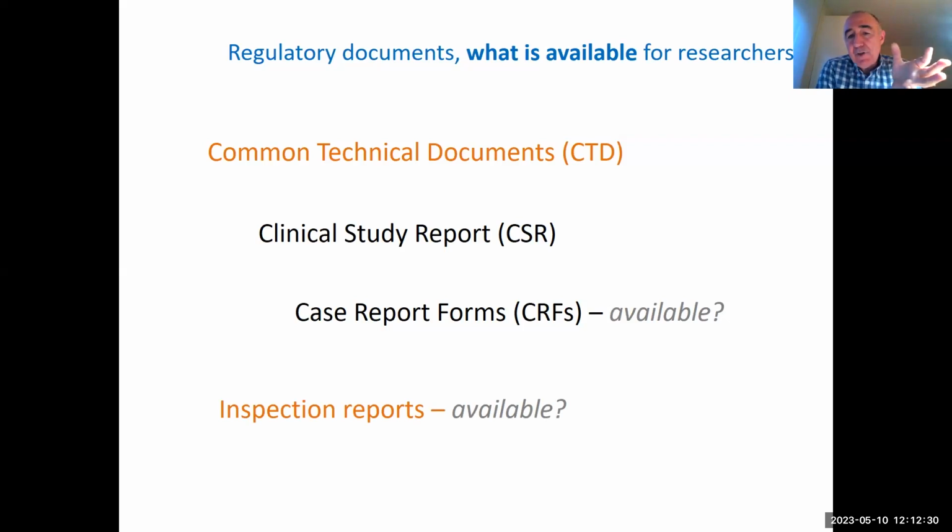Well, this information is hidden, but just a few months ago, for the first time ever, there was a regulator, namely Health Canada, that started publishing the results of inspections of clinical trials. And this is highly valuable and very important.